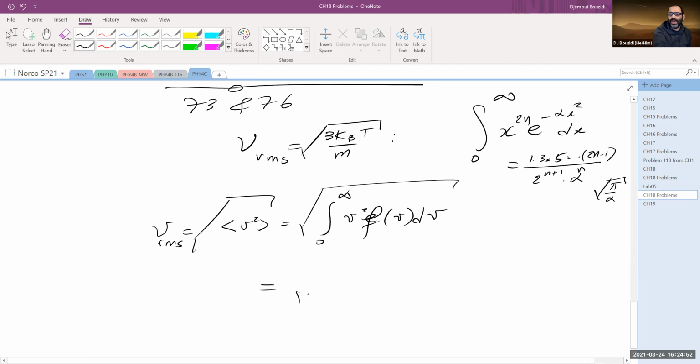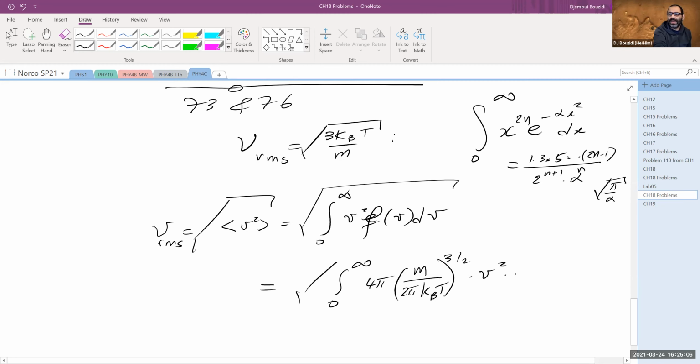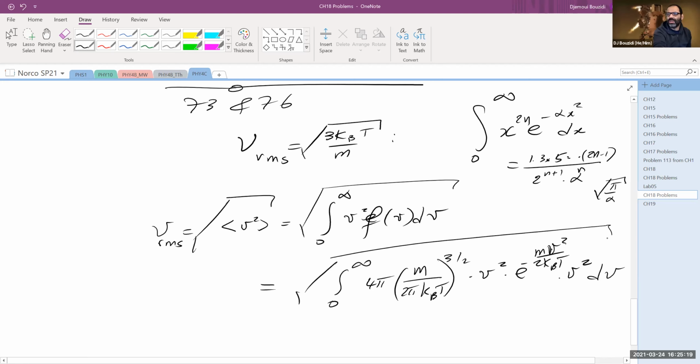So you're going to take the square root of the integral from 0 to infinity. I know it sounds kind of too complicated, but believe me, it's with just a few changes of variables. So it's m over 2 pi k_B T to the power 3/2 times v squared times exponential of negative the kinetic energy, m v squared over 2 k_B T, and another v squared coming from this definition for the average, times dv. And the whole thing is under the square root.